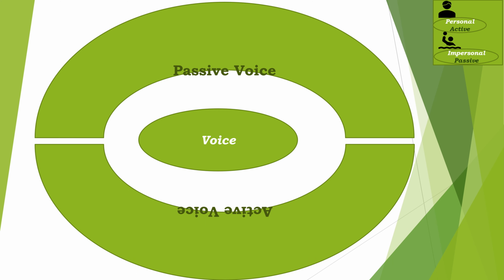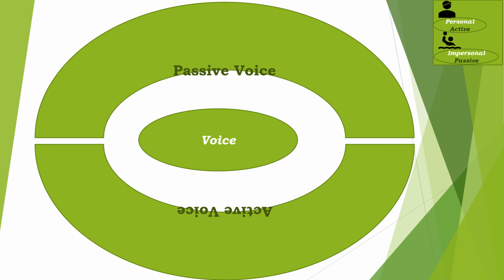Now, what is voice? Voice describes the relationship between a verb and the subject and the object related with it. We use active voice as much as possible to create direct, clear, and concise sentences, especially when you are writing about the actions of the people.